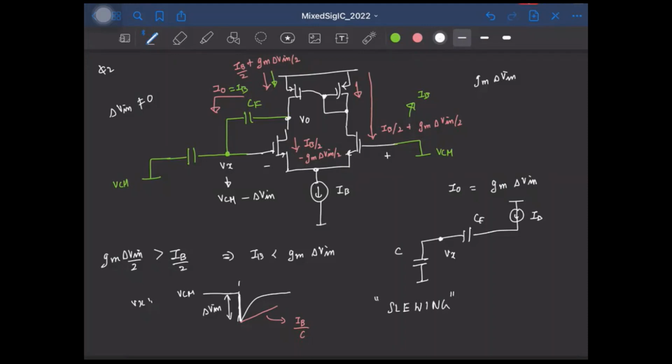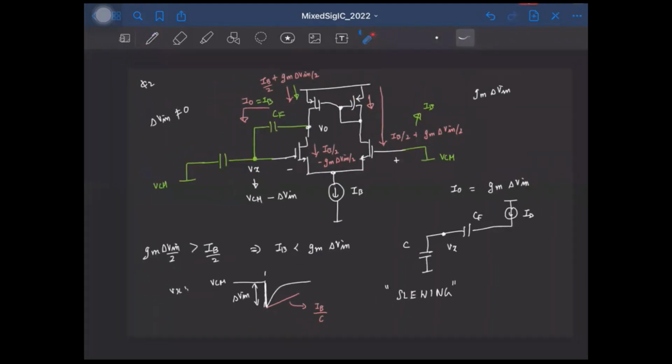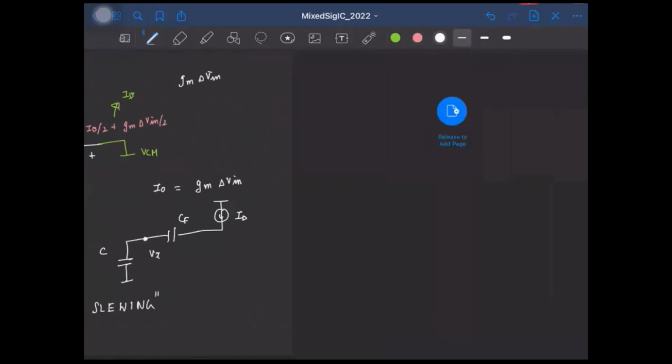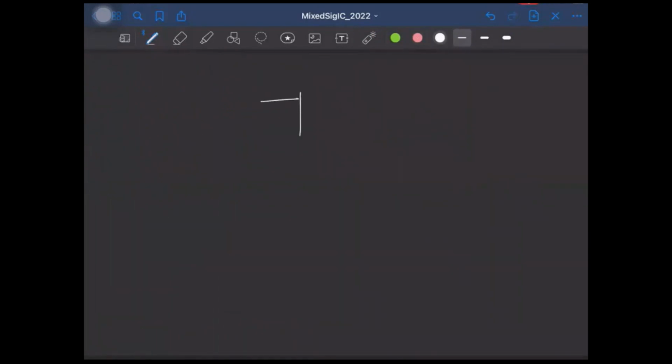wherein the OTA is not able to provide enough current to charge the capacitor. So the entire bias current here is getting diverted and it is used to charge the capacitor like this. Okay. So when we have the OTA like this, at Vcm, with CF and C, right?